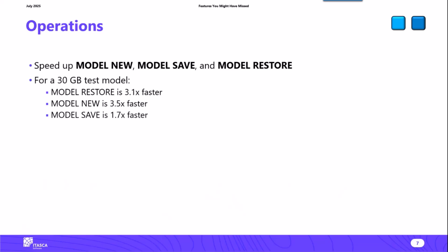So for example, for a 30 gigabyte test model, a reasonably good sized model, we're looking at anywhere from 1.7 to 3 times speed improvements. So when you're working with very large files, and it can take some time to save it or restore it, it's quite nice to have this optimization.